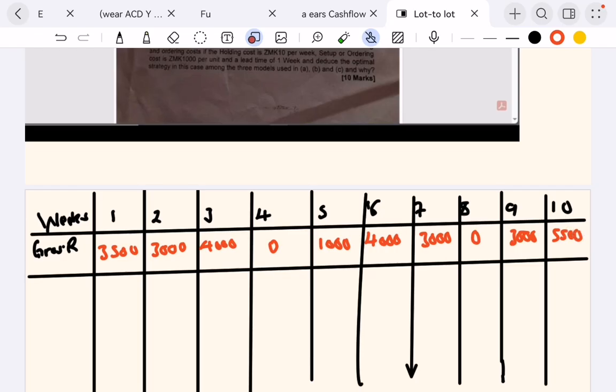Then we have projected at hand there. Remember, it's 6,500.